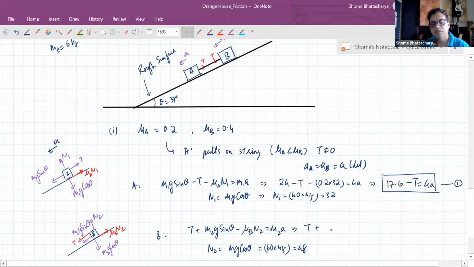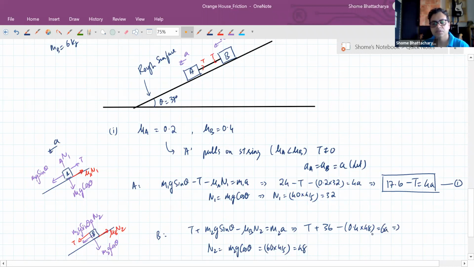So T plus m g sin theta will become 60 into 3 by 5. So 60 into 0.6, so that's 36, minus coefficient of friction here is 0.4 for B, multiplied by normal reaction, which is 48, is equal to mass into acceleration, that's 60a.